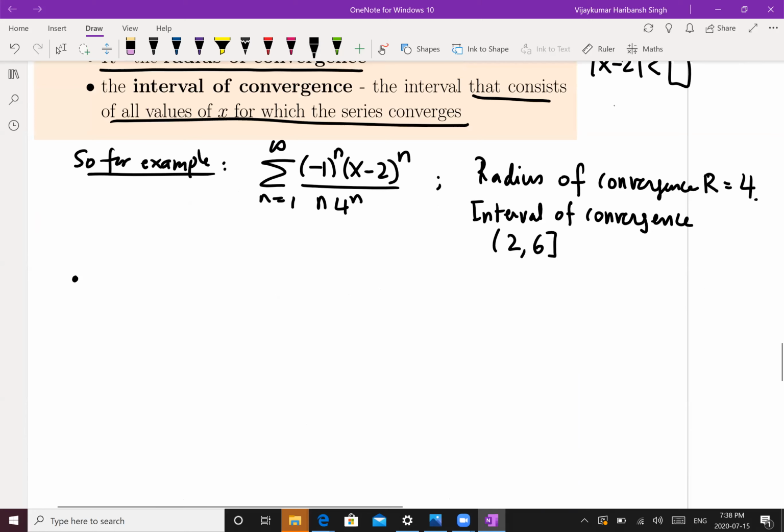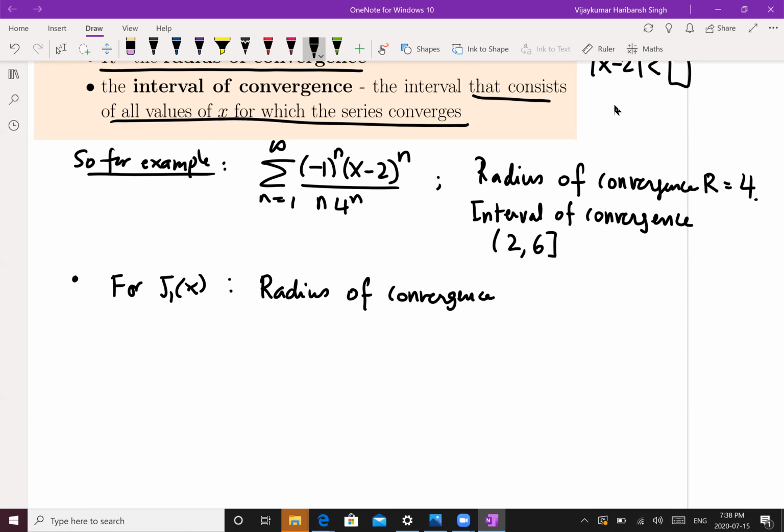So now, similarly, for J1 of x, the radius of convergence was what? The center was 0 and it converged for all real numbers. So how much r can we go? We can take r to be infinity. And the interval of convergence, IOC, I'm going to use the short form for now, is minus infinity to infinity.